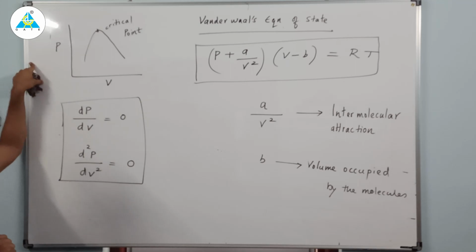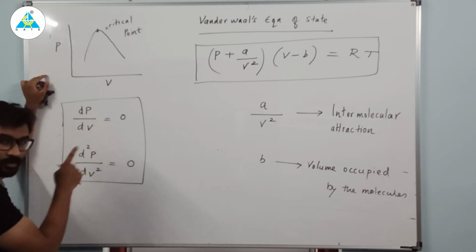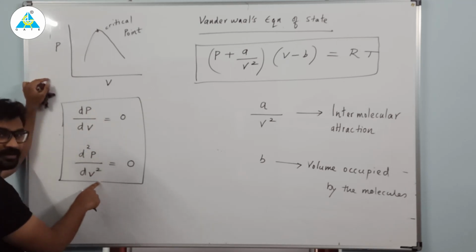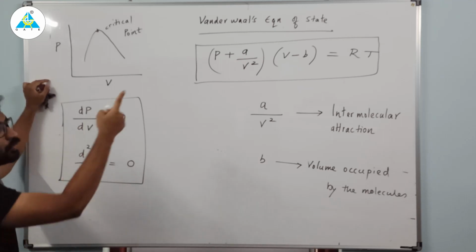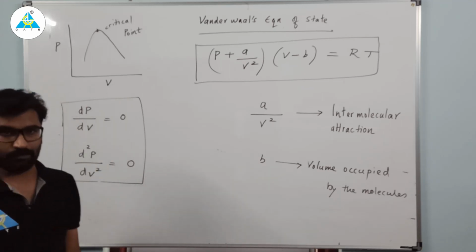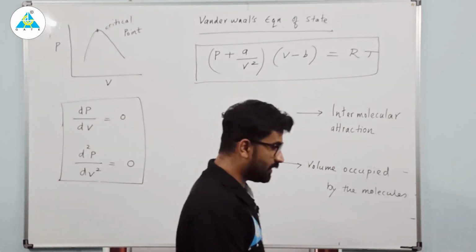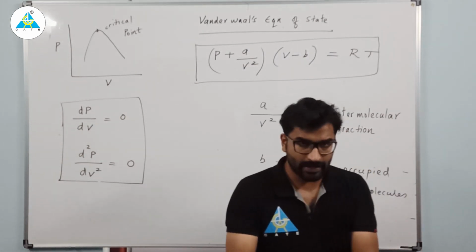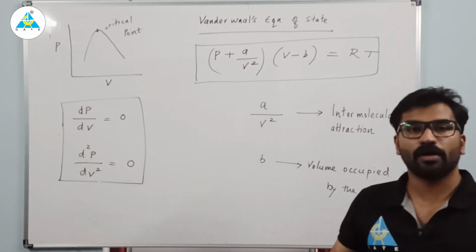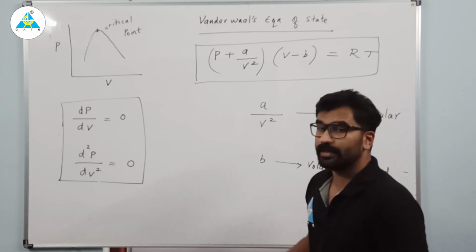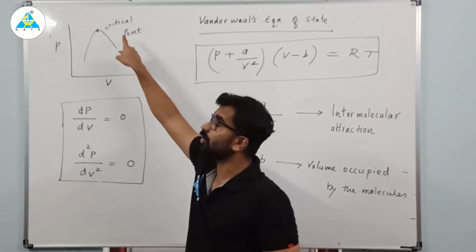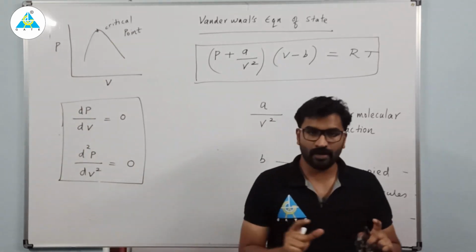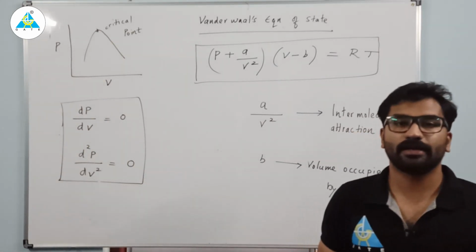By differentiating this equation and putting dp by dv equal to 0, and by double differentiating this equation and equating it to 0, you are going to get the value of A and B. So the determination of van der Waals constants is based on the inflection point or your critical point. Clear?